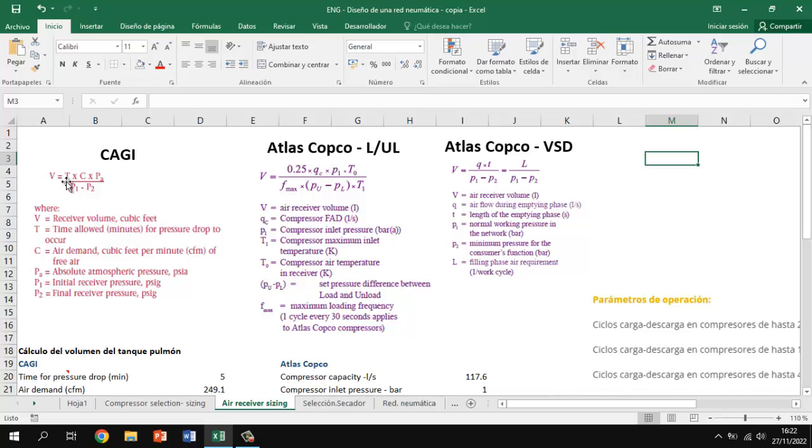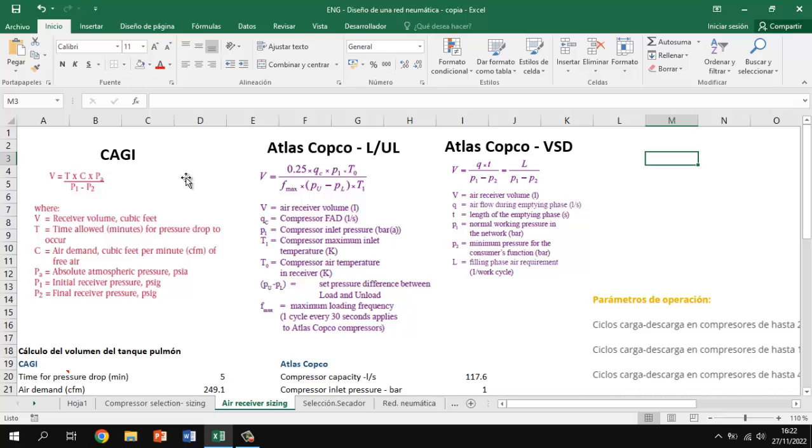There's an equation to calculate your receiver volume. For this we need to know the time allowed for the pressure drop, your air demand that you actually know because you selected your compressor, the atmospheric pressure, your initial receiver pressure and the final receiver pressure.